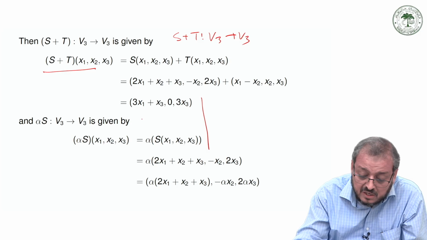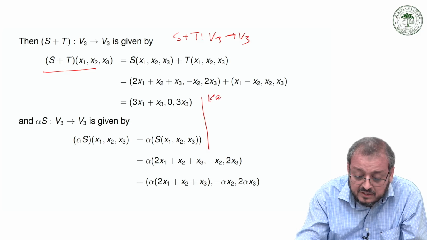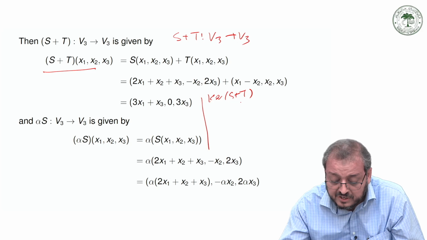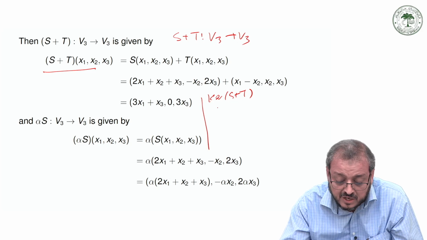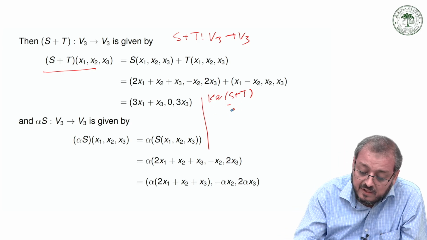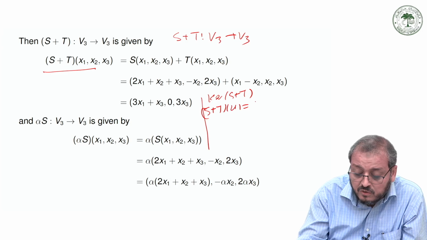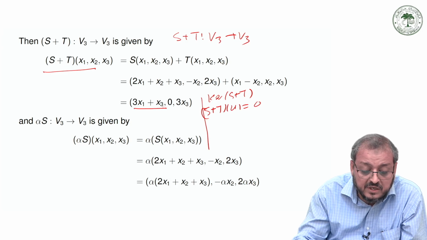If we try to find the kernel of s plus t, we have to say that s plus t of u is equal to 0. So, this means this quantity is equal to 0.